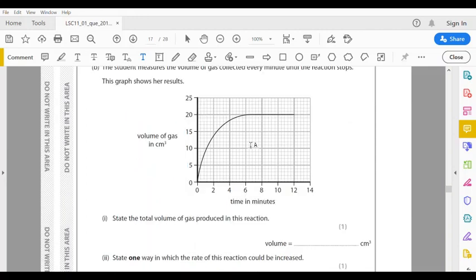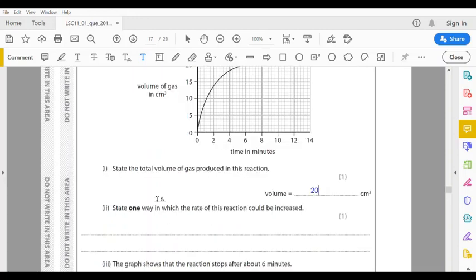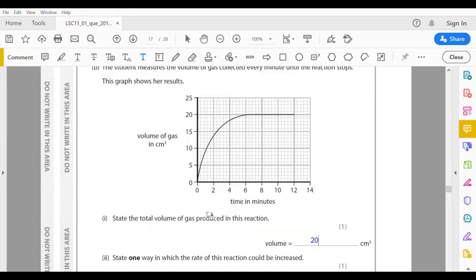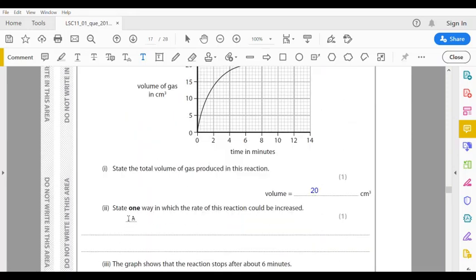Next question. The student measures the volume of gas collected every minute until the reaction stops. The graph shows the result. State the total volume of gas produced in the reaction. It is 20, because if you look at the graph, it goes like this. State one way in which the rate of reaction could be increased. We have discussed three methods that we can increase the rate of reaction.